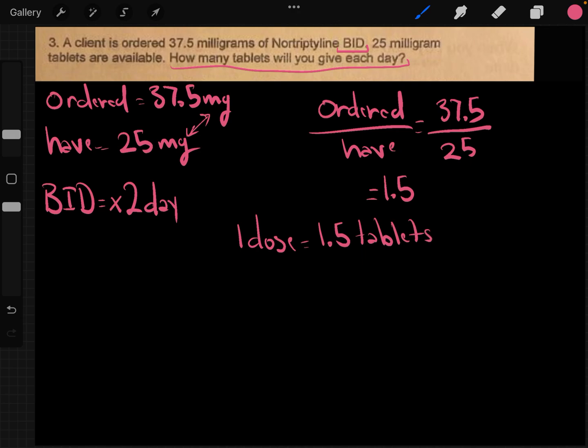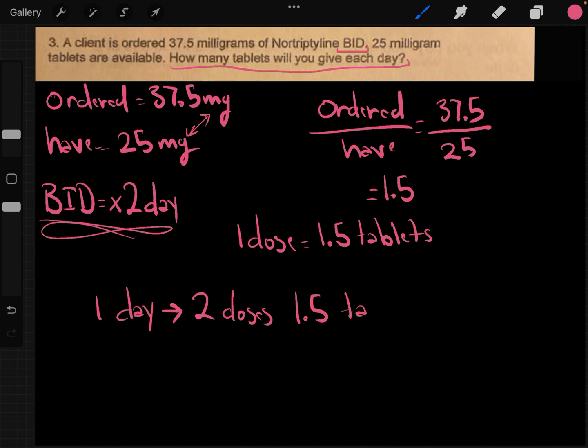But for each day, remember, because of this BID, we have to administer it 2 times a day. So in one day, you have 2 doses of 1.5 tablets. So say in a day we have morning, afternoon, and evening.